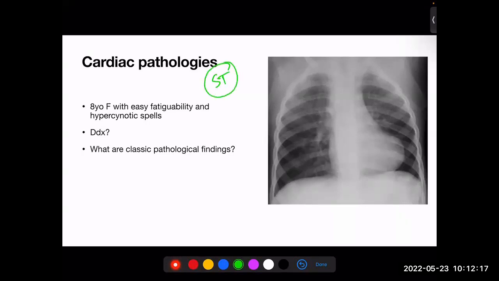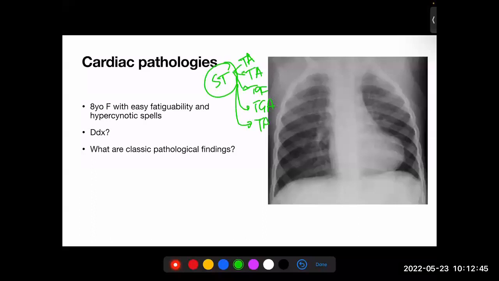You have truncus arteriosus, tricuspid atresia, TOF, transposition of the great vessels, TGA. The last one, TAPVR, total anomalous pulmonary venous return.